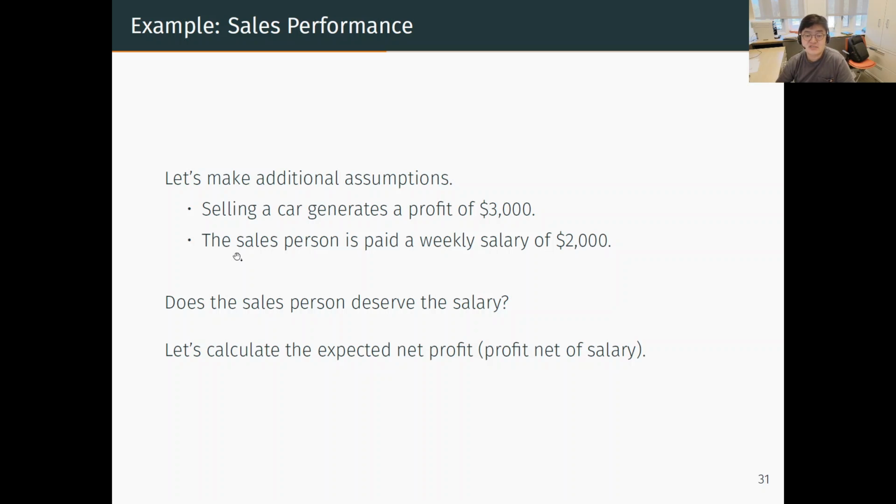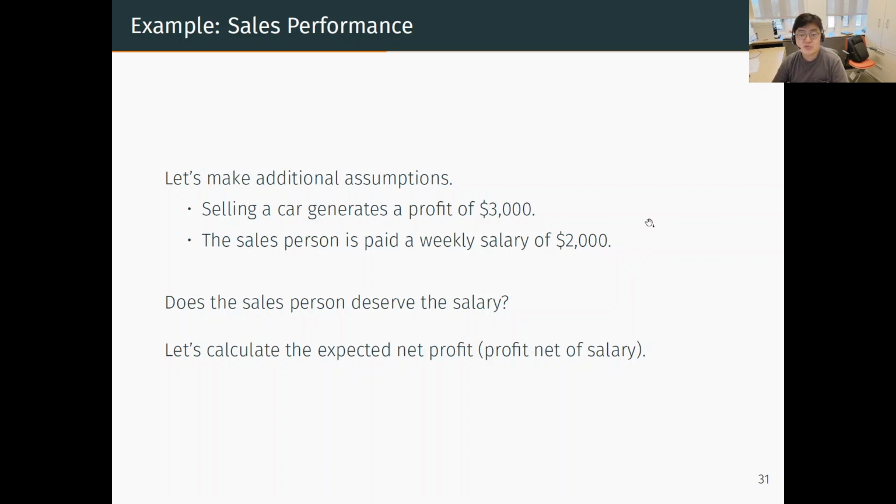The salesperson's salary is weekly and does not depend on the actual sales. We assume there is no incentive, and the salesperson is simply paid a weekly salary of $2,000. Of course, these numbers are made up to simplify the algebra. I don't know how much the profit and the salary are in an actual dealership, but suppose they are 3,000 and 2,000.